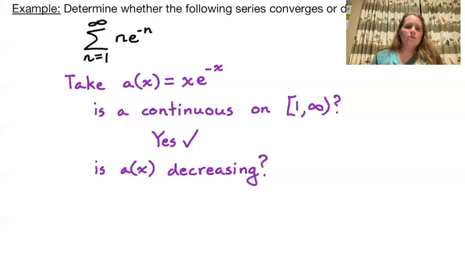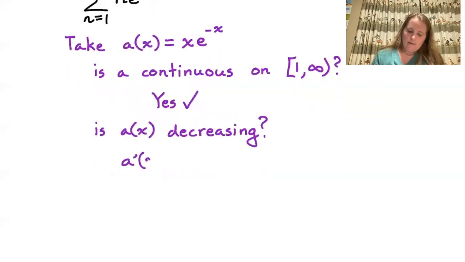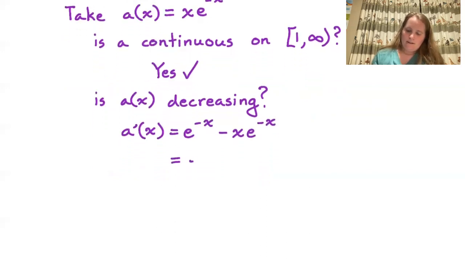So we can just do differentiation if you like. So a prime of x would be e to the negative x minus x e to the negative x, otherwise known as e to the negative x times 1 minus x.